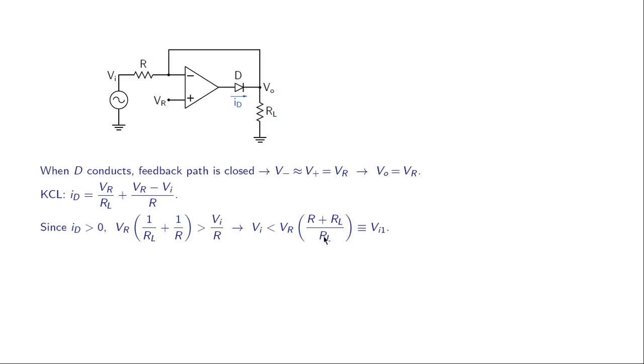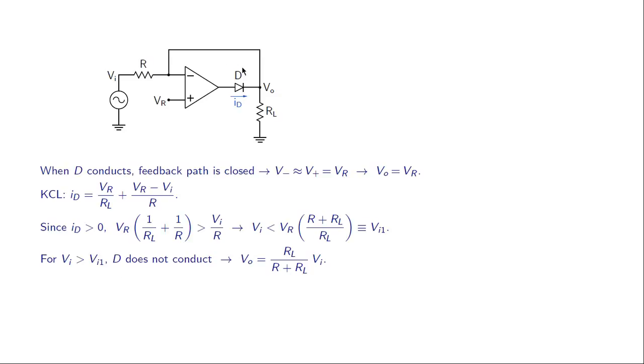When Vi is less than Vi1, the diode conducts, and we have Vo equal to VR, which is a constant, and that happens irrespective of Vi, as long as Vi is less than Vi1. So that is one situation that we have. And in the other case, that is when Vi is greater than Vi1, the diode does not conduct, and what do we have then?